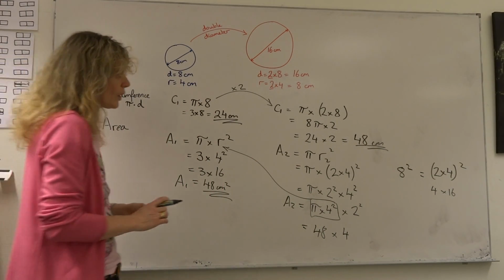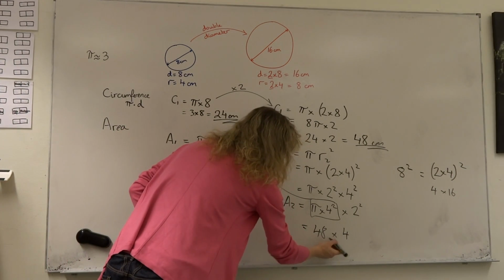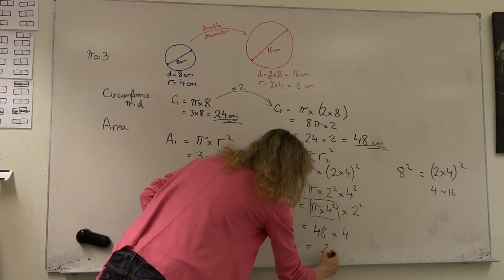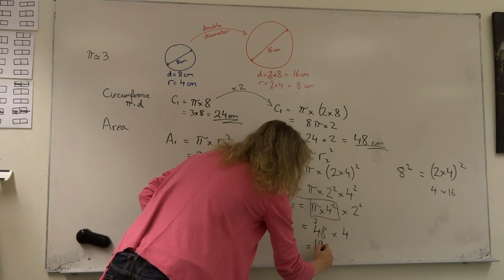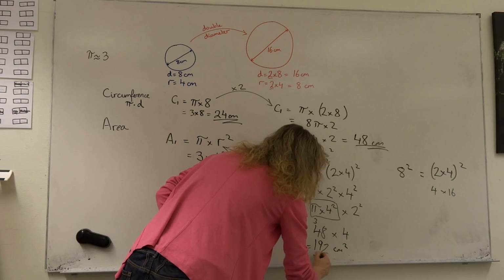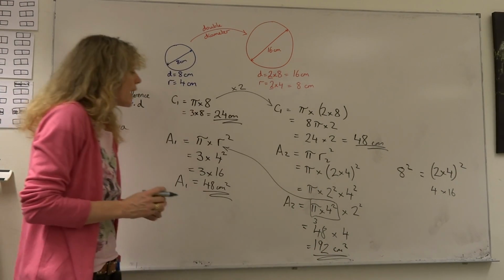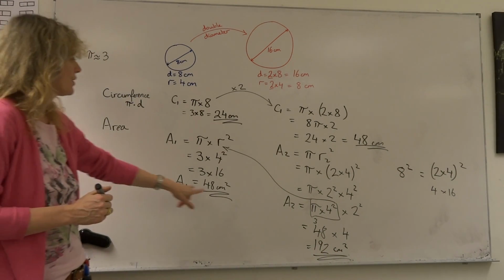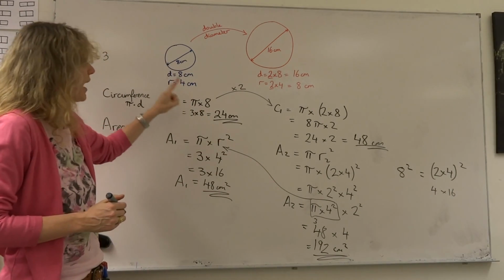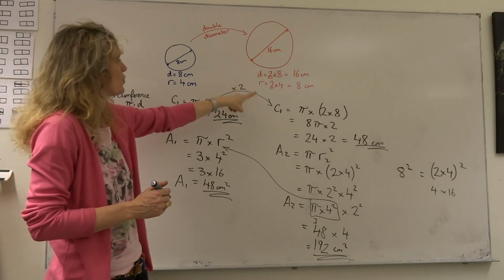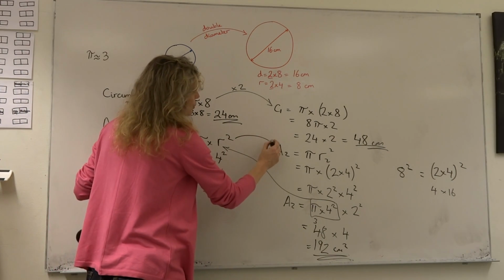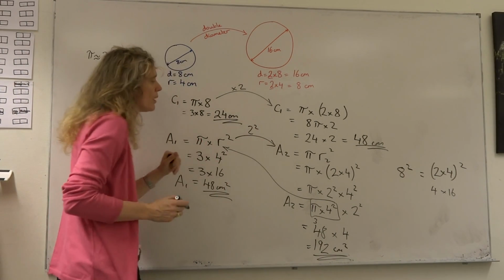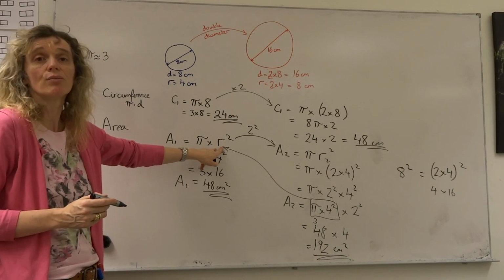So we'd get the area here then. 8 fours are 32. 4 fours are 16 plus 3, 19. So 192 centimeters squared. So the area of the second circle would be, instead of a factor 2 increase, which we got in circumference, a factor increase of 2 squared, because we're multiplying the radius by the radius again.